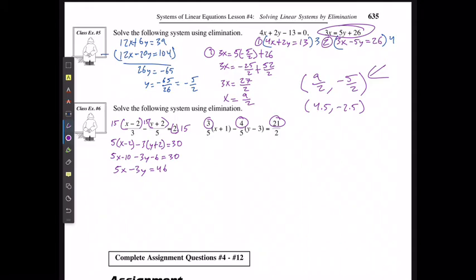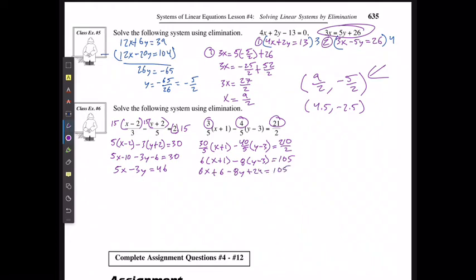I'm going to have 30 over 5 times x plus 1 minus 40 over 5 times y minus 3 is equal to 210 over 2, or 6 times x plus 1 minus 8 times y minus 3 is equal to 105. 6x plus 6 minus 8y plus 24 is equal to 105.